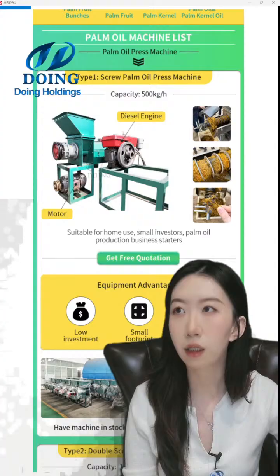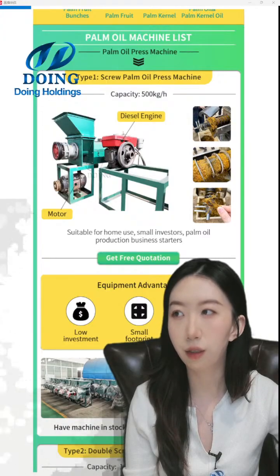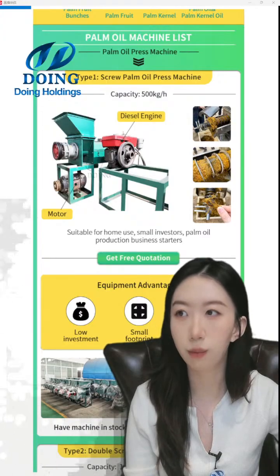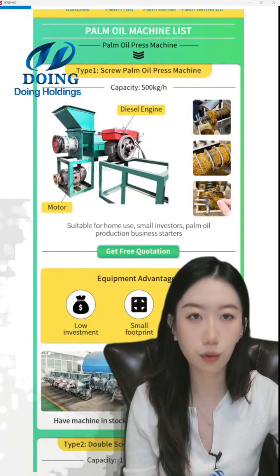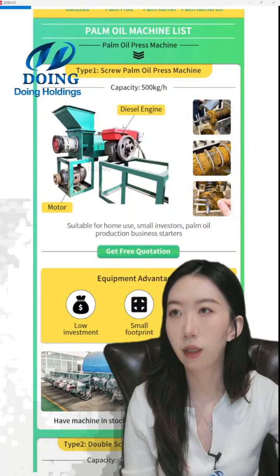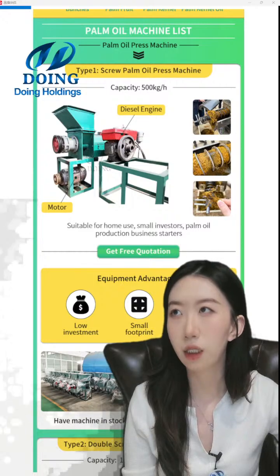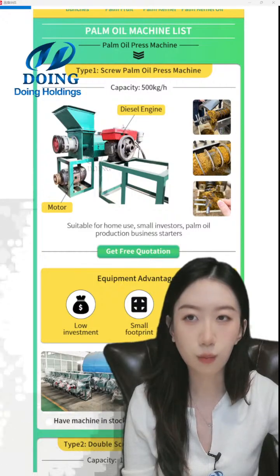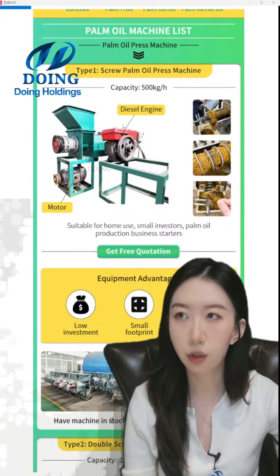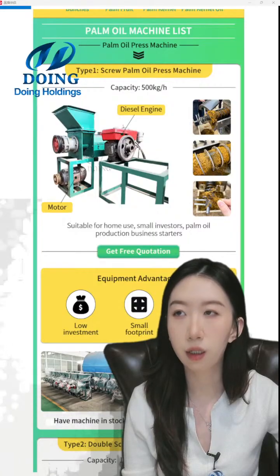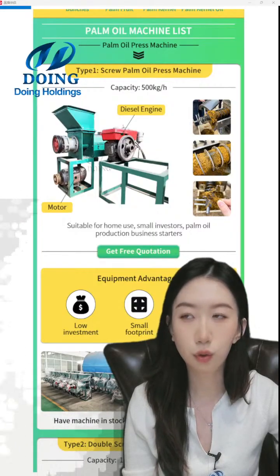It is diesel engine and motor system. You can choose it according to your need. And the single screw palm oil presser internal pressure needs the worker to control.